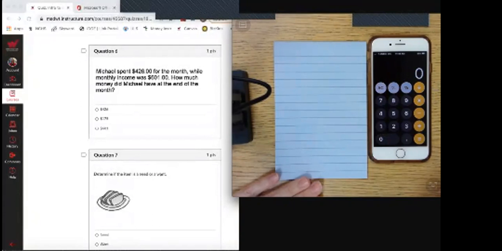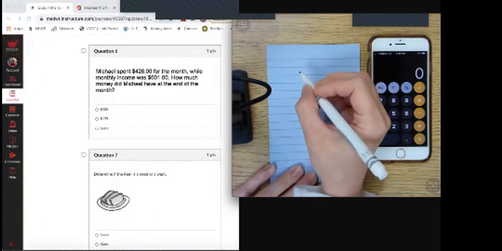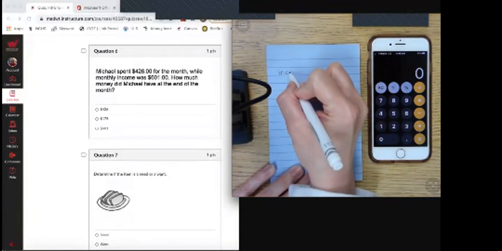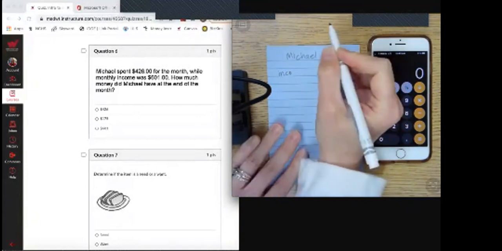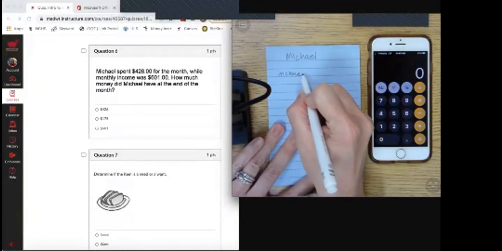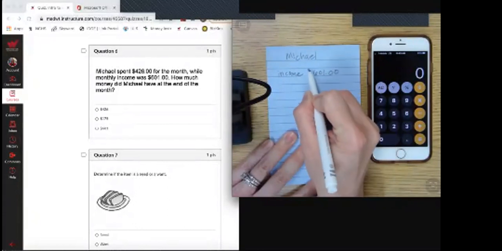All right, question 6. Michael spent $426 for the month, while monthly income was $601. How much money did Michael have at the end of the month? So this is Michael. His total income, what he has to spend, is $601 for the month.